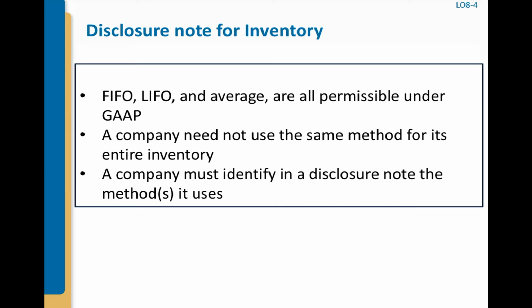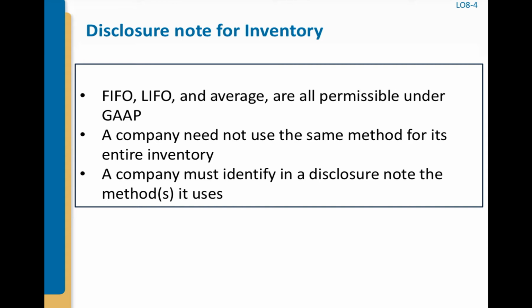FIFO, LIFO, and weighted average are all permissible under GAAP. And many companies, you'll see, don't actually use the same method for all inventory. They may have it divided by country, since IFRS actually has different rules. The international standards are different as far as what they allow versus U.S. GAAP.